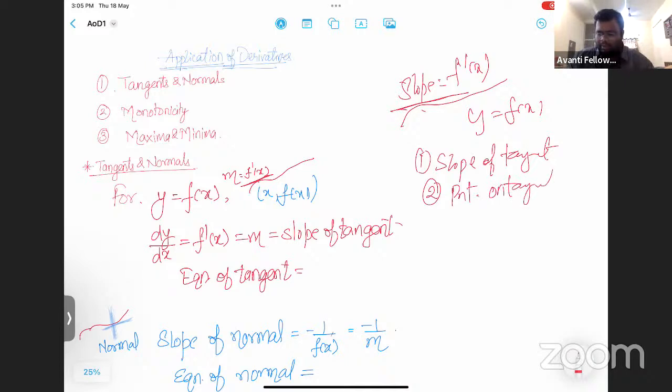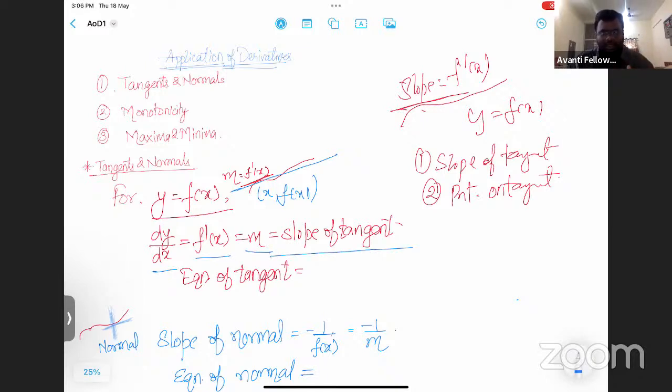So if a function is given, y equals f(x), and we need to draw a tangent to this particular curve, step one is we find the slope dy by dx, which is equal to f dash x, which is also the slope of the tangent.